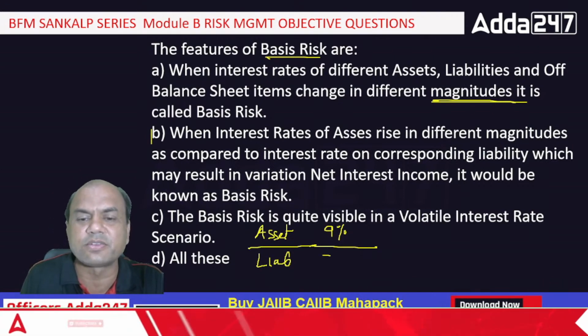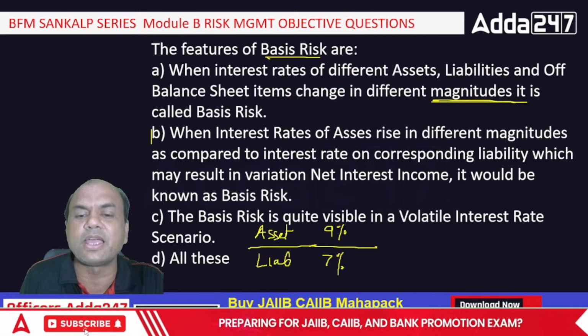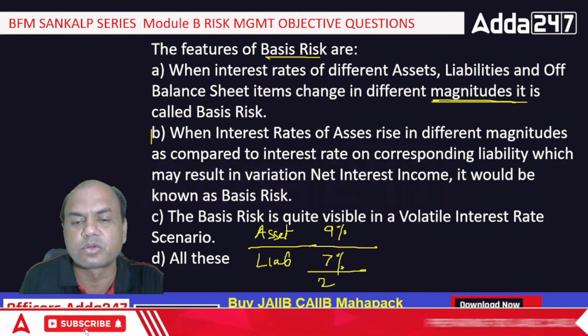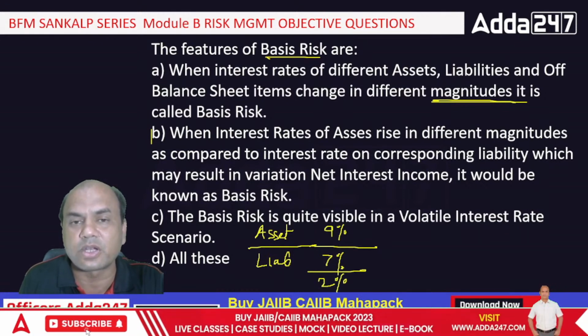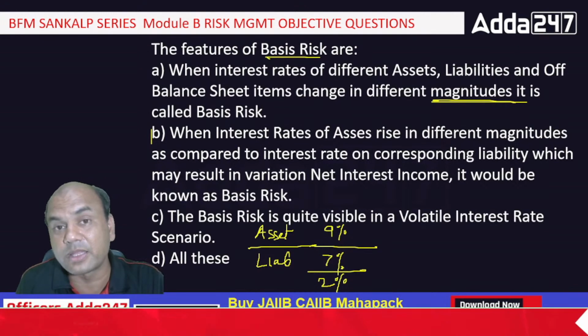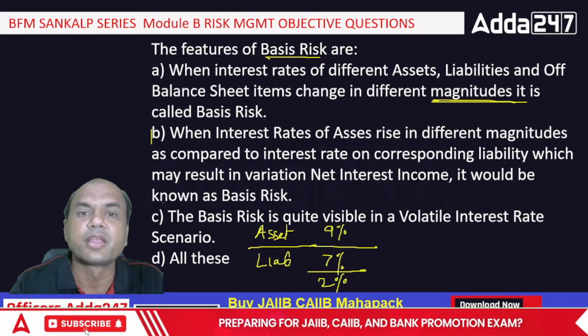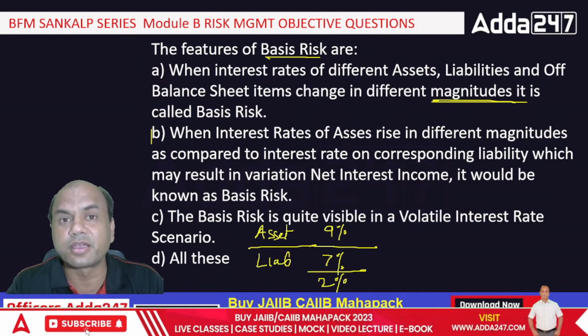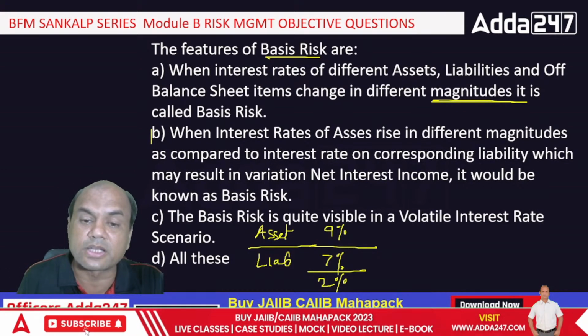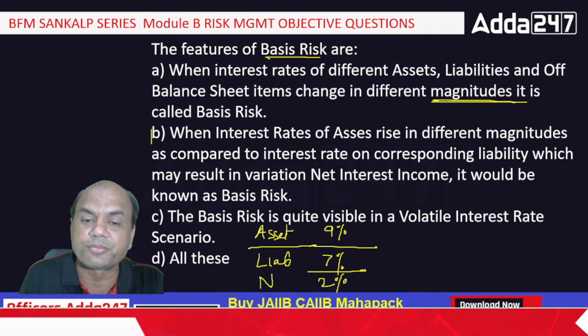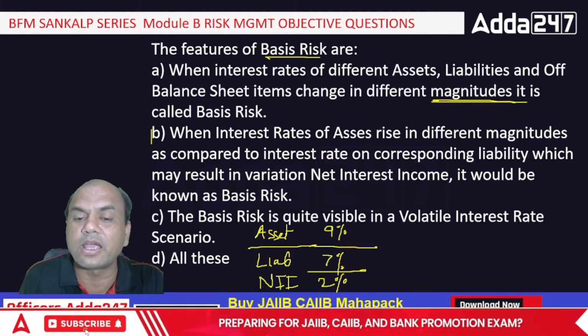So let's say it is 7%. So what is my NIM over here? 2%. 2% is my NII, not NIM. NIM is the average of NII. That is separate. So that's why this is called NII, net interest income. So my NII over here is 2%.